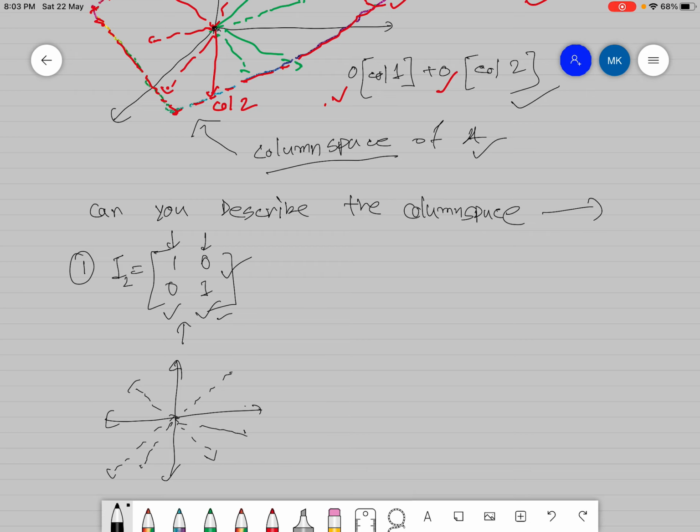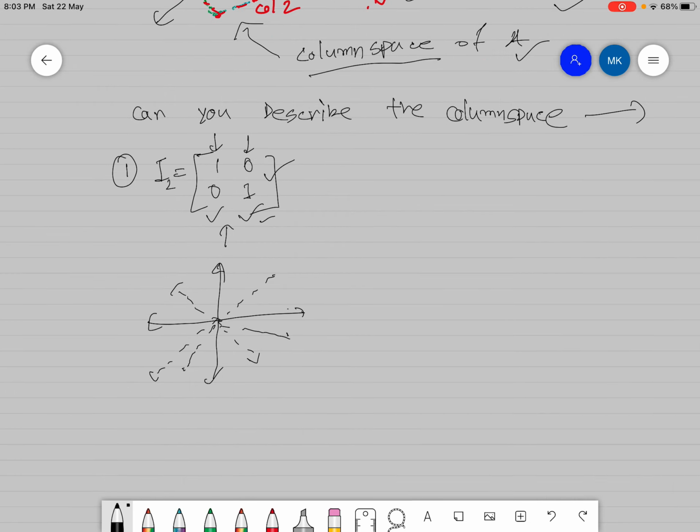Give me one very peculiar example. Let's say, for example, we are thinking about this vector, minus 2000 and 1500. So can we reach this point? Of course we can, by the help of these two columns. How?